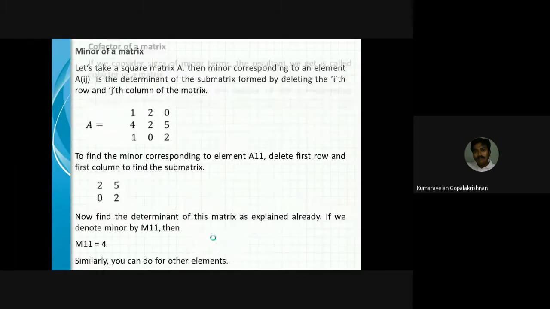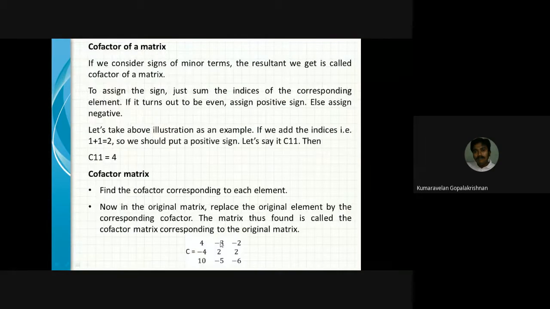One more time, I will explain how I get the value minus 3. Previously I calculated the minor of this particular term 2, and I said it is 3, by eliminating this row and this column: 4 into 2 is 8, minus 1 into 5 is 5, that is 8 minus 5, which is 3. So the minor is 3.